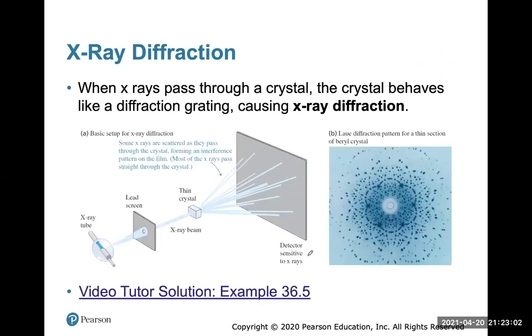Let's get out of the visible range then, and let's talk about X-rays. Much higher frequency, past ultraviolet even, much smaller wavelength. With smaller wavelength light, we can probe smaller dimension phenomena.